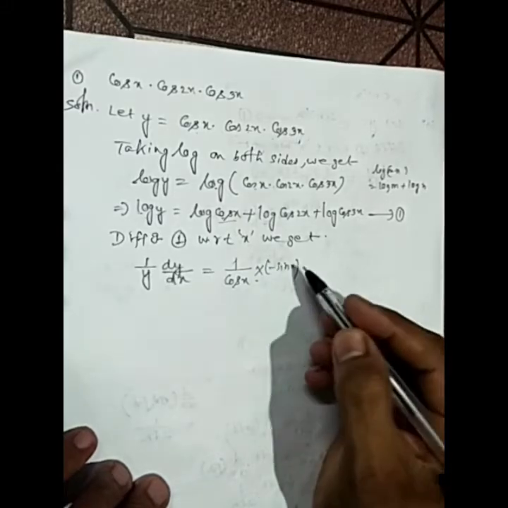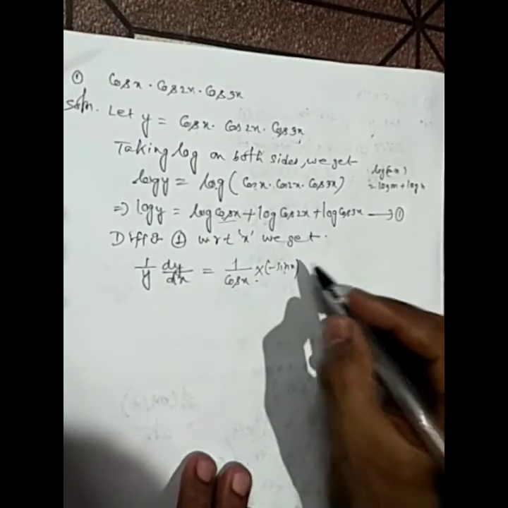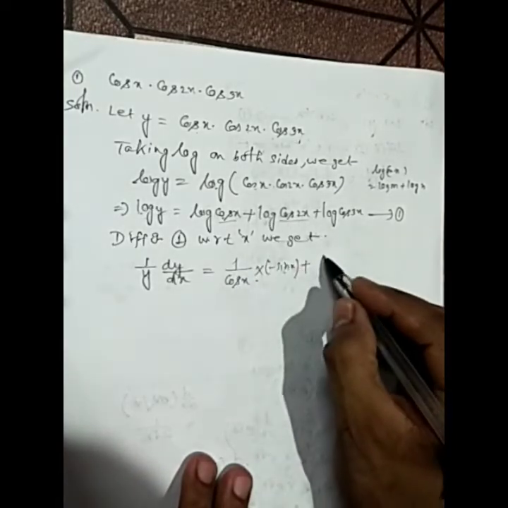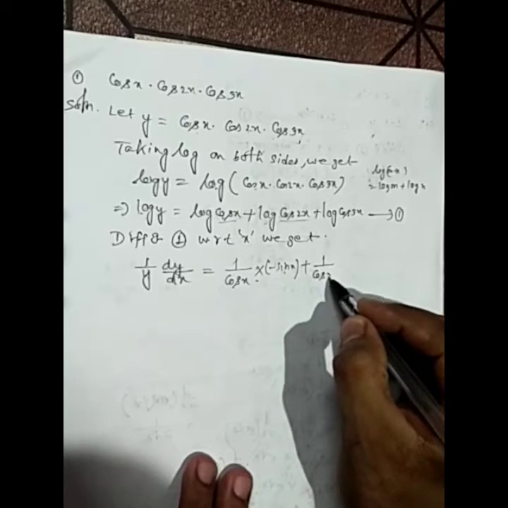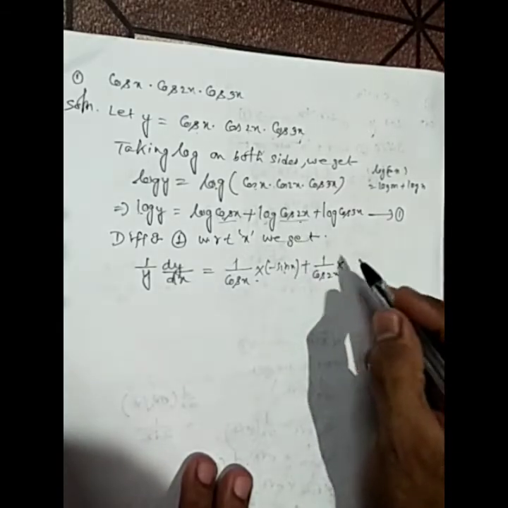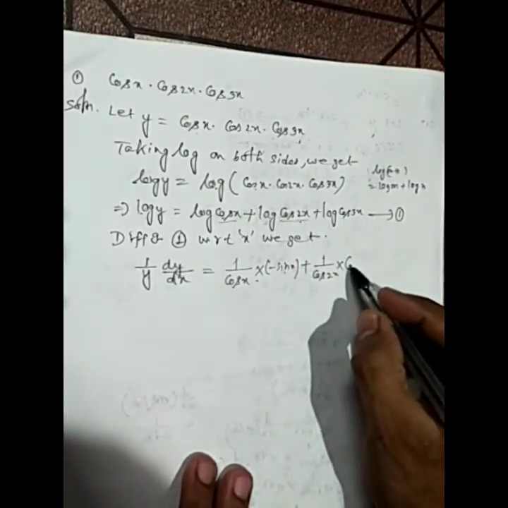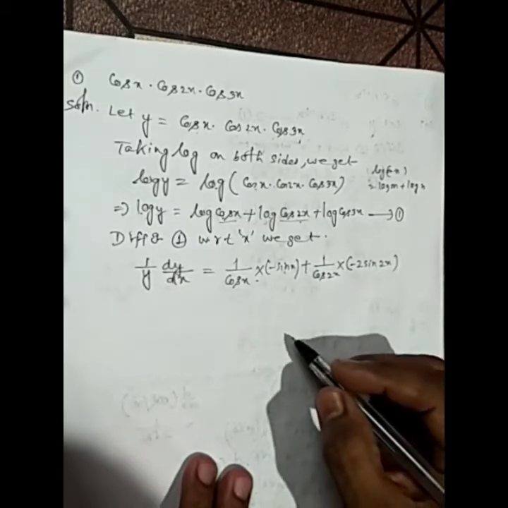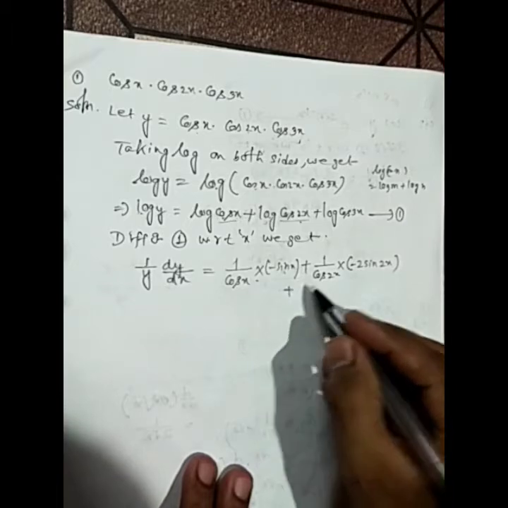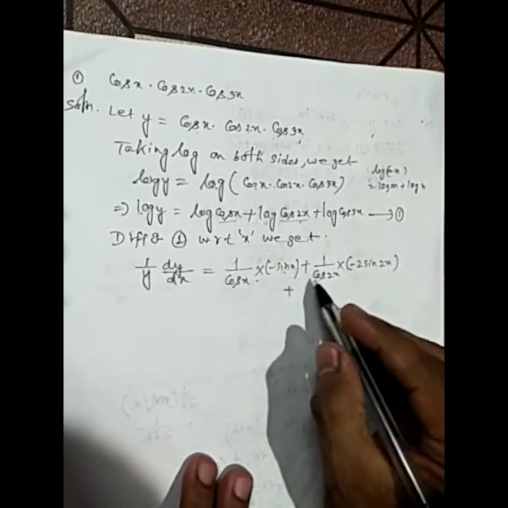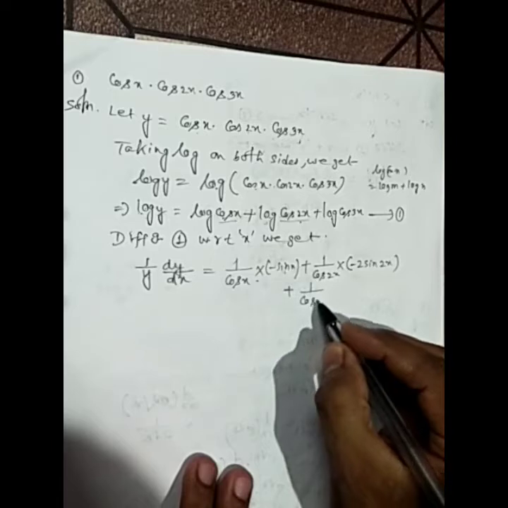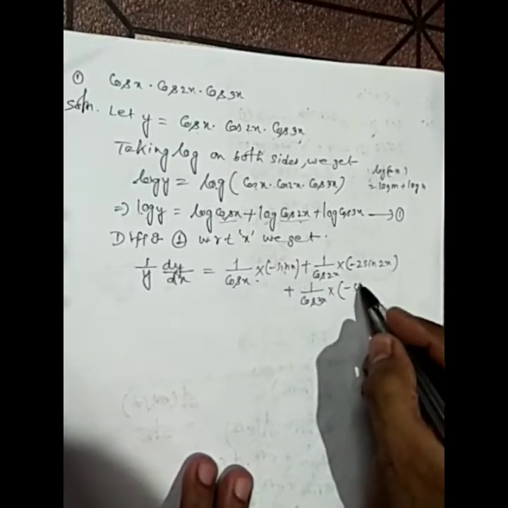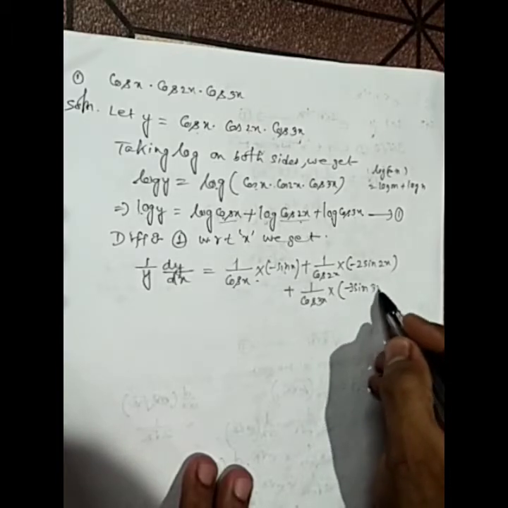Plus log cos 2x, 1/cos 2x you will get now, and d/dx of cos 2x means minus 2 sin 2x. Plus log of cos 3x means you will get 1/cos 3x into, for cos 3x you will get minus 3 sin 3x.